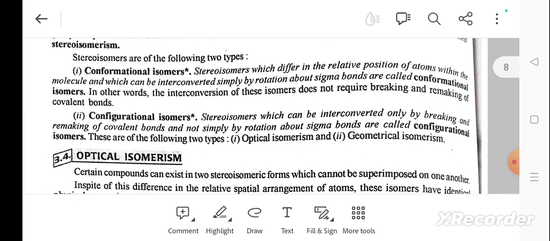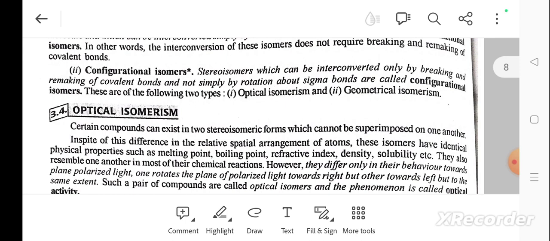Conformational isomers: stereoisomers which differ in relative position of atoms within the molecule and can be interconverted simply by rotating about a sigma bond are called conformational isomers. In other words, interconversion of these isomers does not require breaking and making of covalent bonds. Configurational isomerism: stereoisomers which can be interconverted by breaking and making of covalent bonds, and not simply by rotating about the sigma bond, are called configurational isomers.